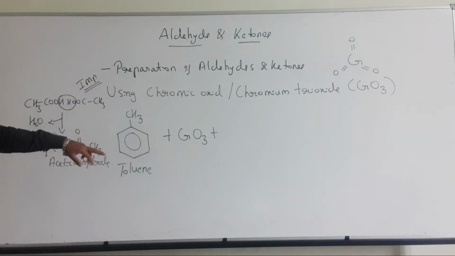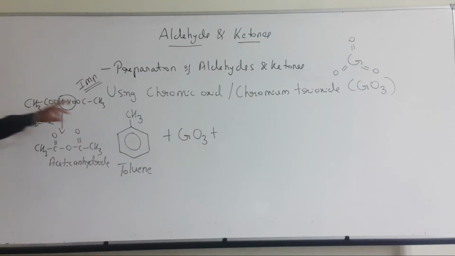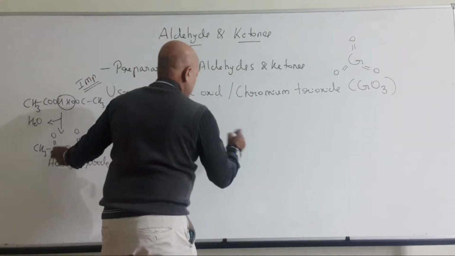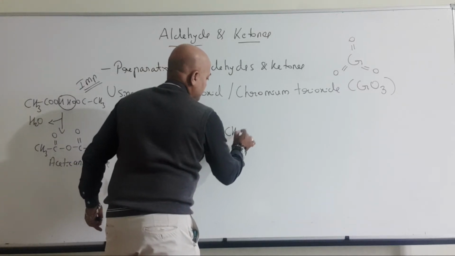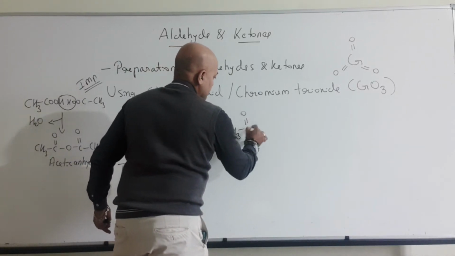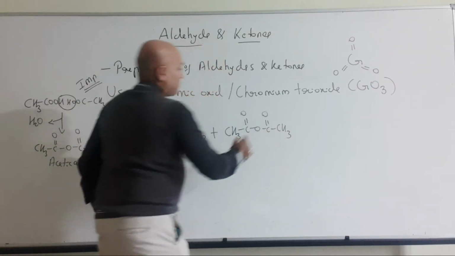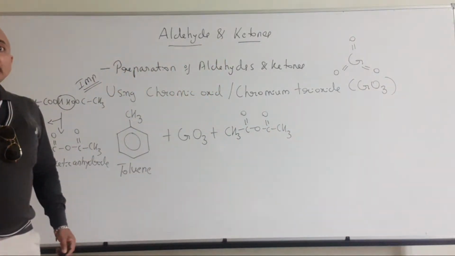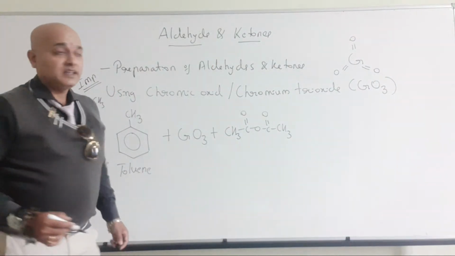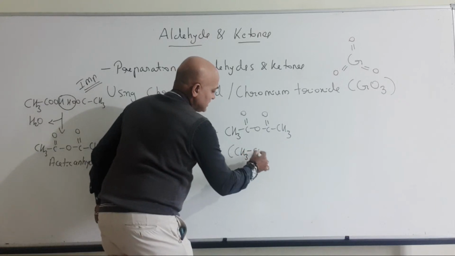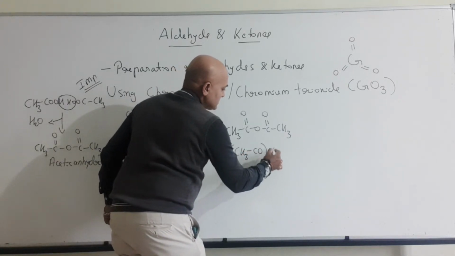Since I am telling acetic anhydride, I have to take acetic acid. Okay? So this molecule can be written like this, but if I want to write like this, it is a time consuming process. So a very simple one is (CH3CO)2O.